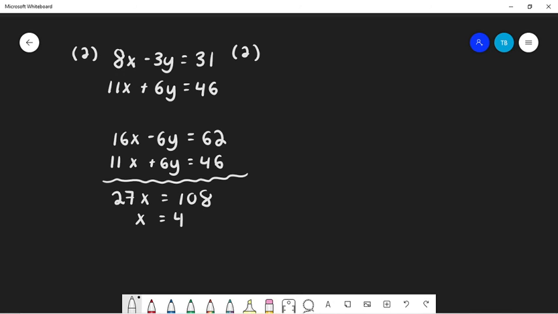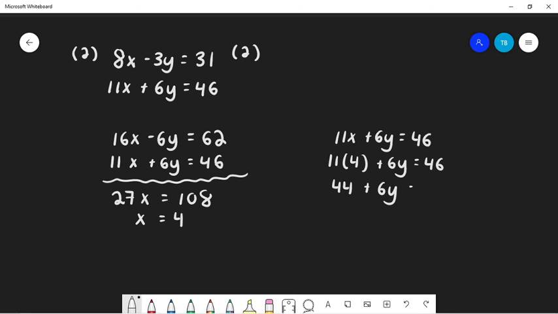So last step, we will go back. We'll take one of the original equations. I'll take the second one again, and I'll rewrite it over here. 11x plus 6y equals 46. And we'll plug 4 in for x. So 11 times 4 plus 6y equals 46. 11 times 4 is 44.